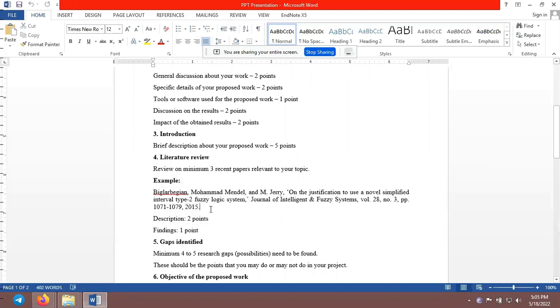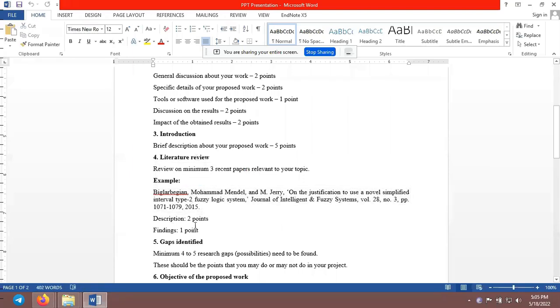This is the common template or common format. By following this template, you can mention or inscribe your literature review.